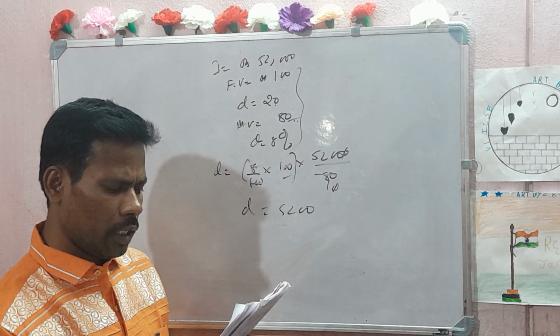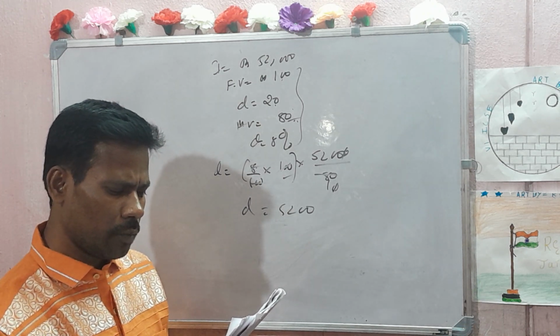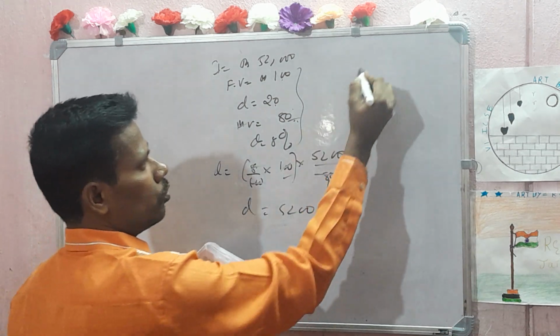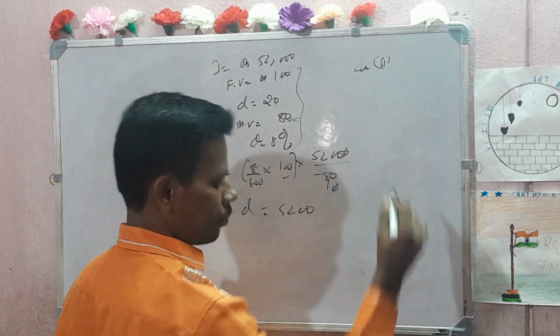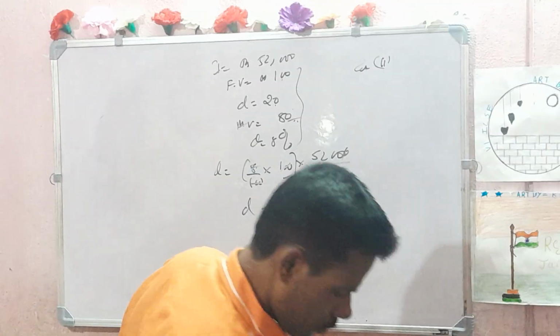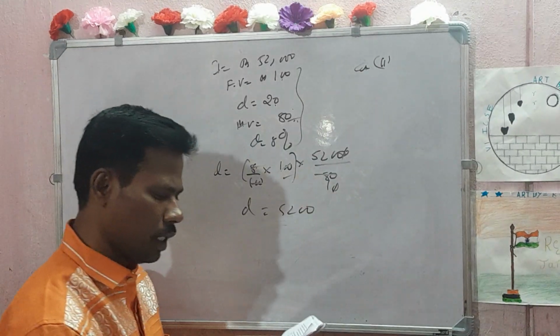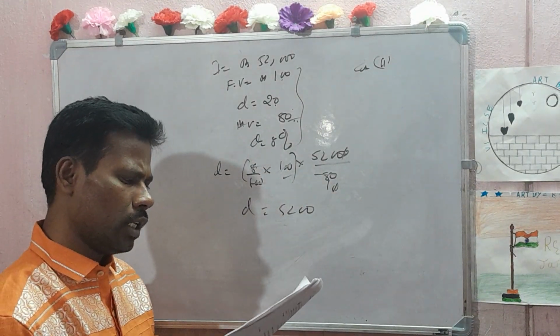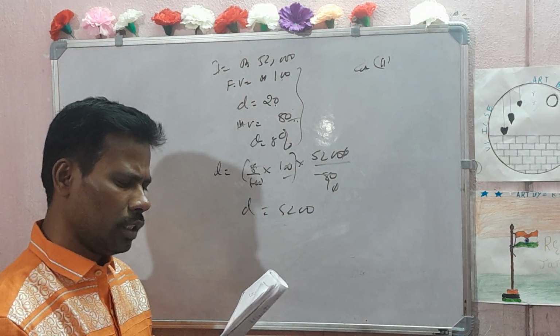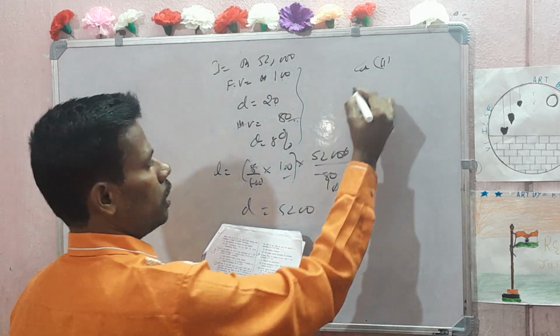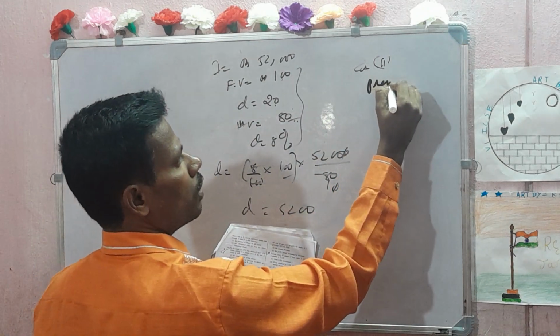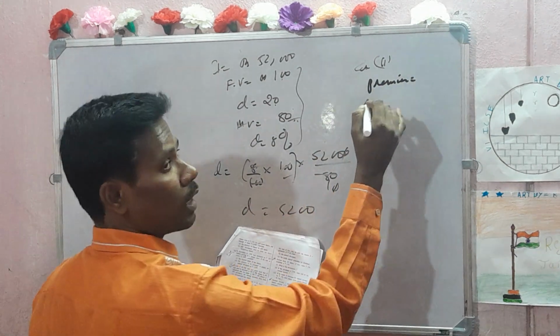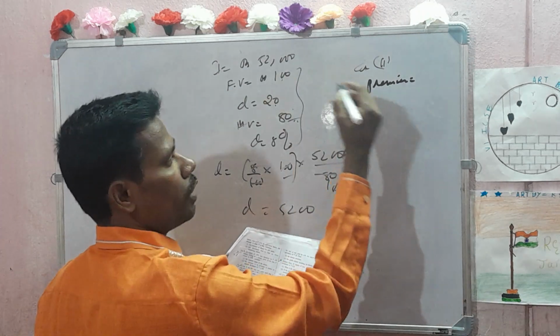At the end of 1 year, he sells the shares at a premium of 20. Case 2. Again he is using the word premium. Premium means the market value will be more than the face value.